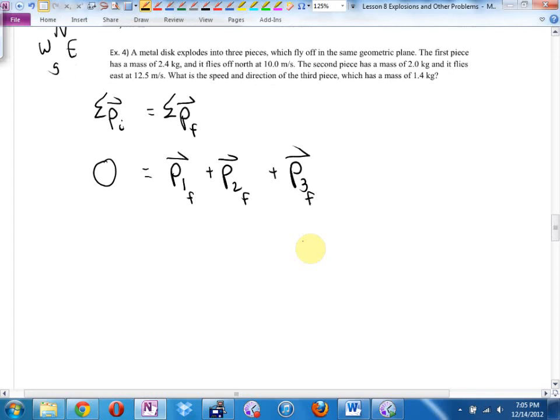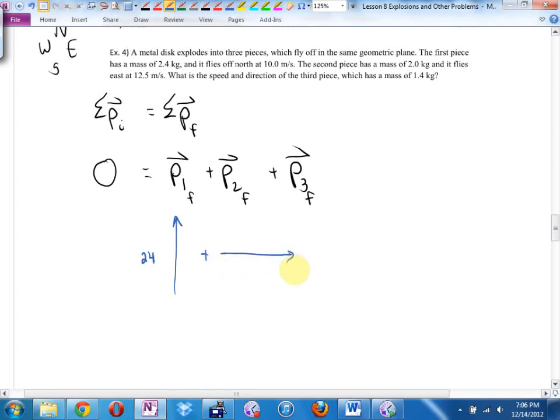What does the momentum of the first piece look like? It says it flew off due north. Oh, and it's 2.4 times 10. I can do that in my head. 24. Plus. The second piece flies off due east.